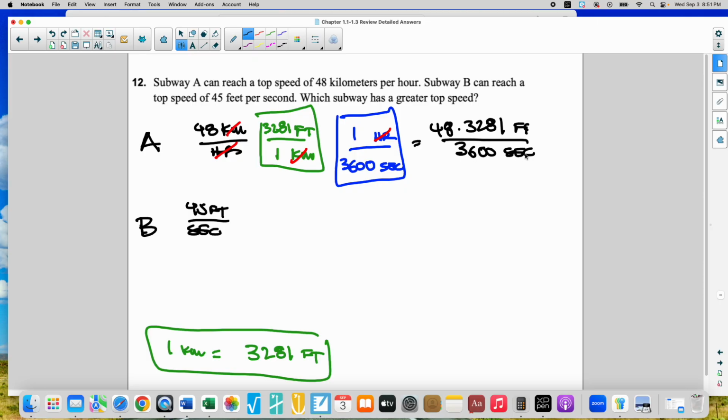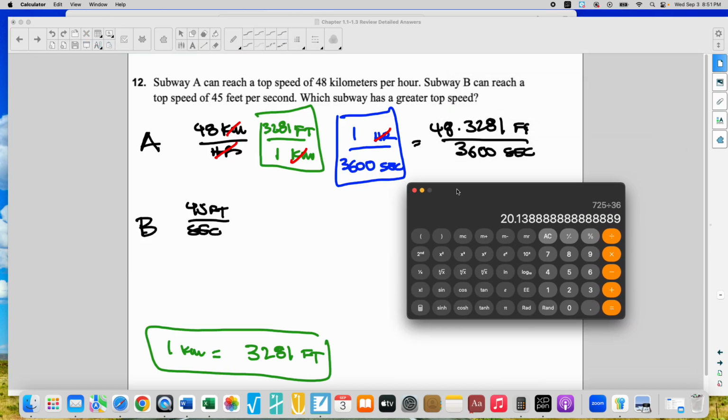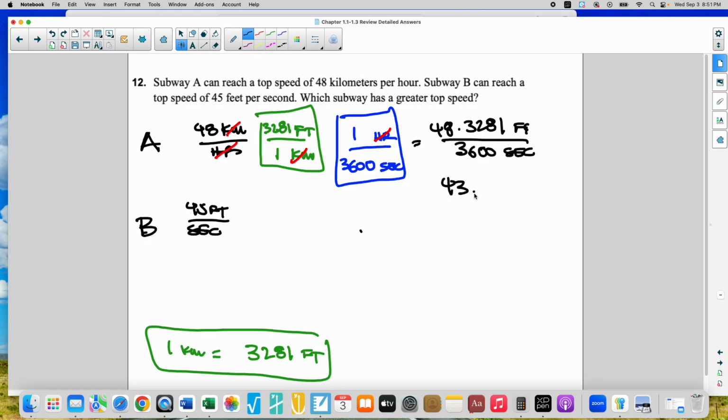Let's find a unit rate, because this is in a unit rate. So let's do this math here. 48 times 3,281 equals 157,488 divided by 3,600 gives us 43.7. That is 43.7 feet per second.